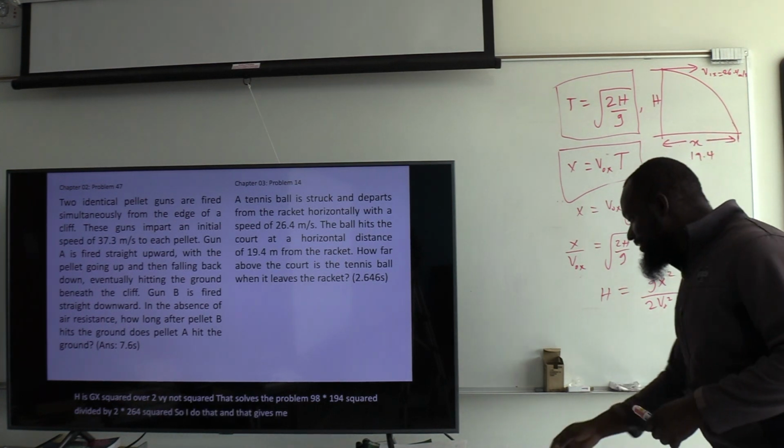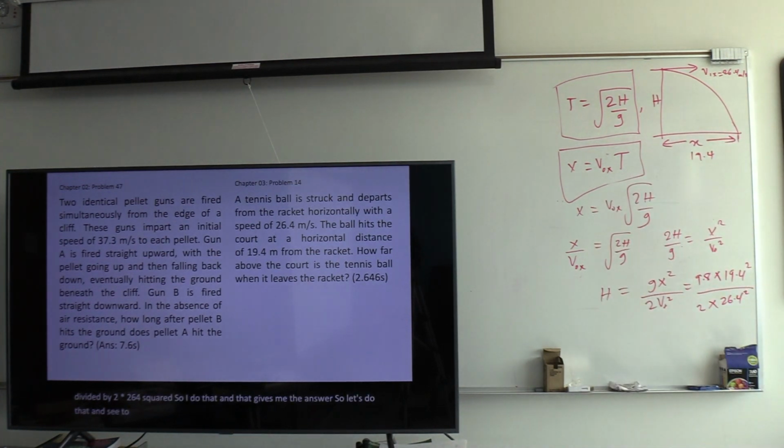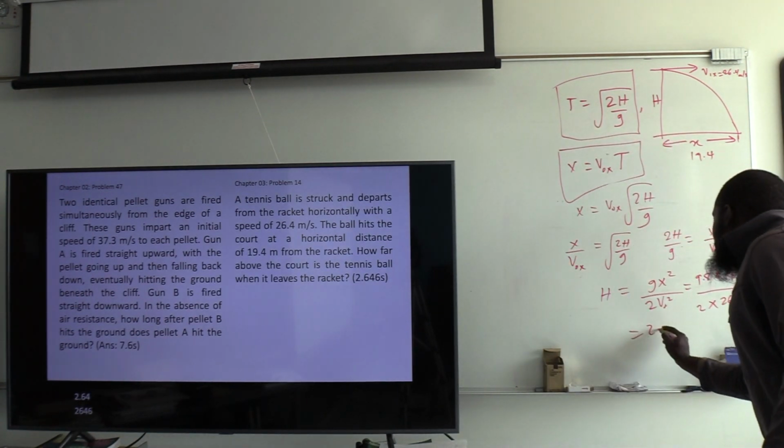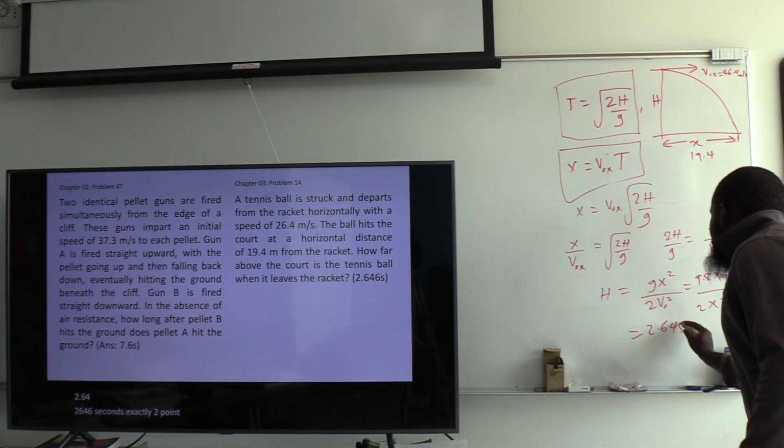So I do that, and that gives me the answer. So let's do that and see to make sure we get the answer correctly. 19.4 squared times 9.8 divided by 2 divided by 26.4 squared. 2.646, sorry, meters, not seconds.